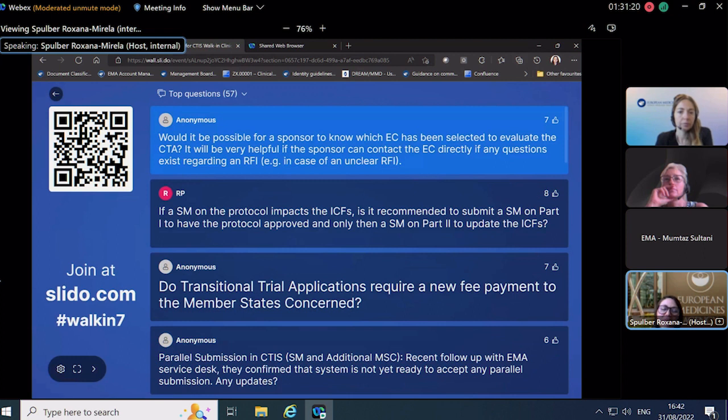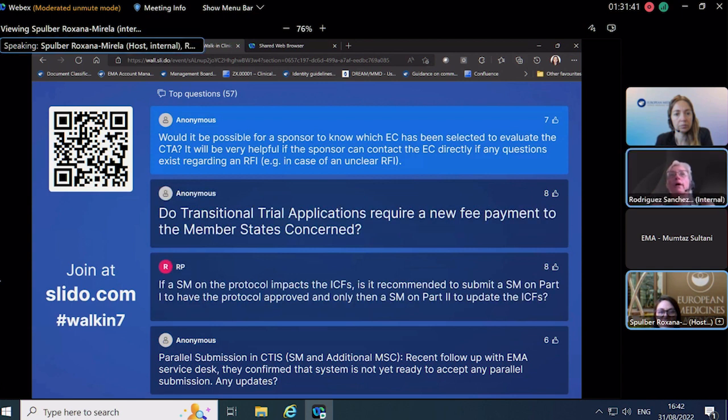Would it be possible for a sponsor to know which ethics committees have been selected to evaluate the CTA? It would be very helpful if the sponsor can contact the ethics committee directly if any questions exist regarding an RFI, for example in the case of an unclear RFI. Well, I have to say that this has not been implemented in CTIS, because if you look at the regulation, ethics committees are not even mentioned as such.